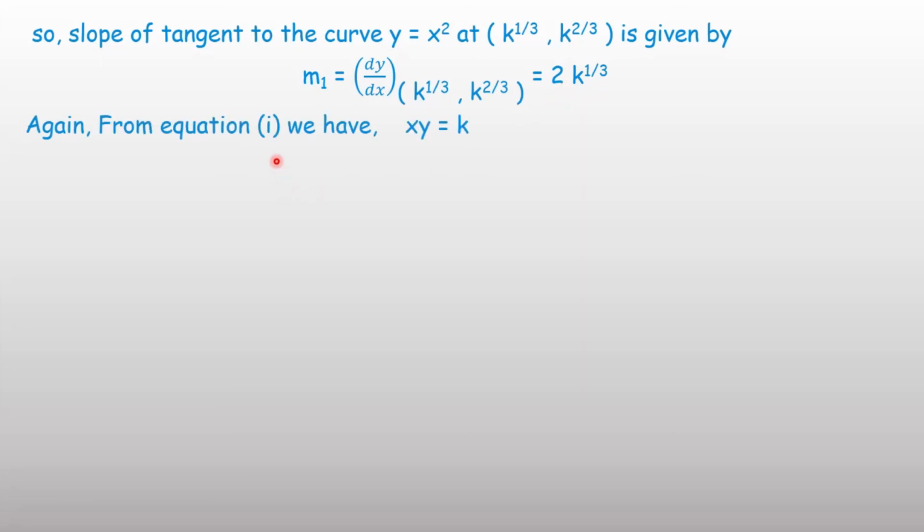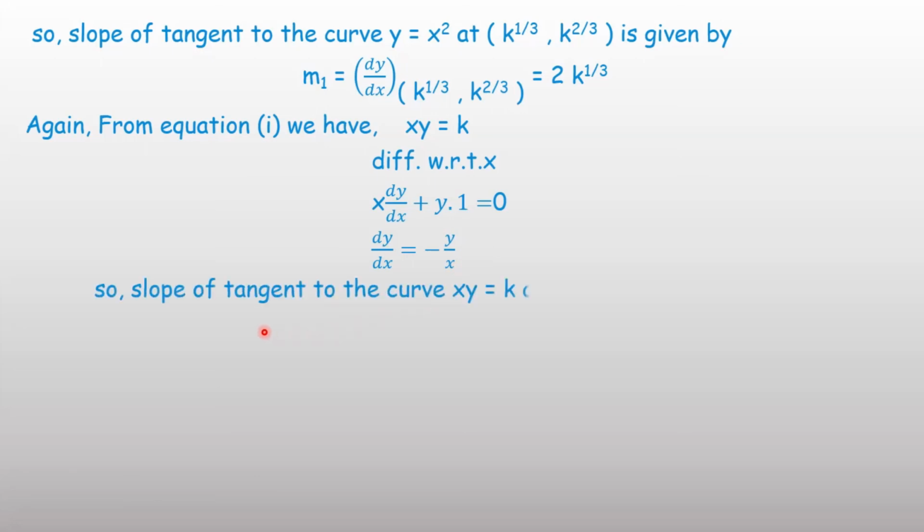Again, from equation second we have xy equals k. Differentiate with respect to x. Apply the product rule: first function times differentiation of second plus second function times differentiation of first equals 0. Therefore, dy by dx equals minus y upon x.